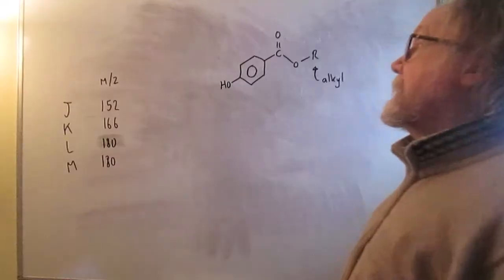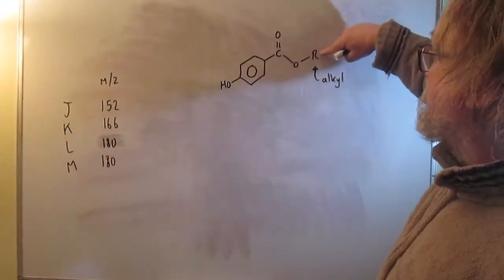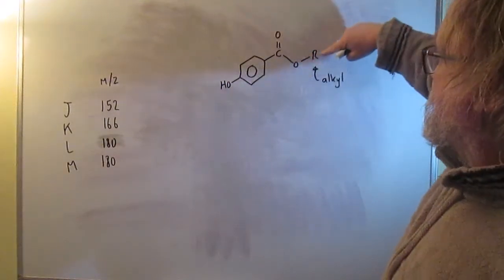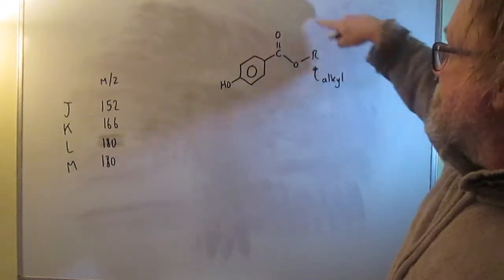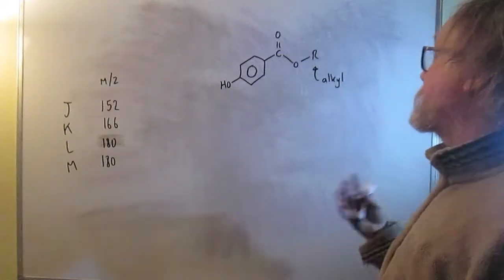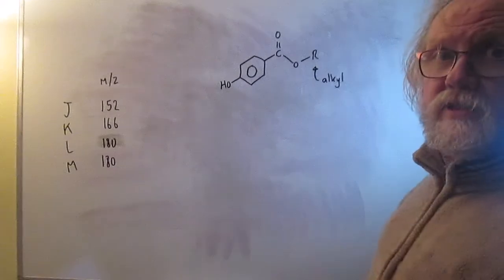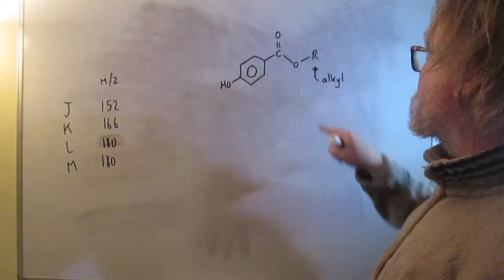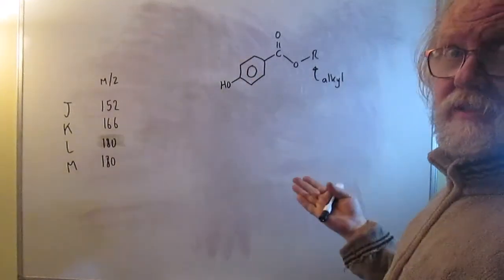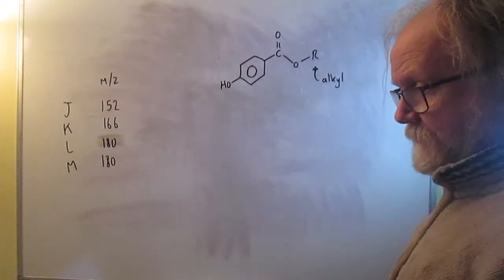Now for part 2 we have to suggest structures for these esters, and it tells us that this R group, which is, as you can see, part of the ester, is an alkyl group, so that means that whatever we come up with, it has to just be a saturated hydrocarbon group. So it was important to notice that in the question, because there were other possibilities if you didn't notice that, but they wouldn't give you the mark for those.